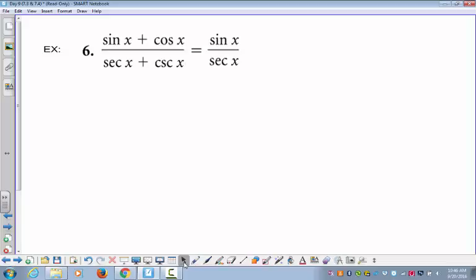Or if you subtracted sine squared to the other side, you would get this. So these are two alternate ways to think about the Pythagorean identity. So anytime we see a 1 minus cosine squared, it can be rewritten as a sine squared. Or the other way.